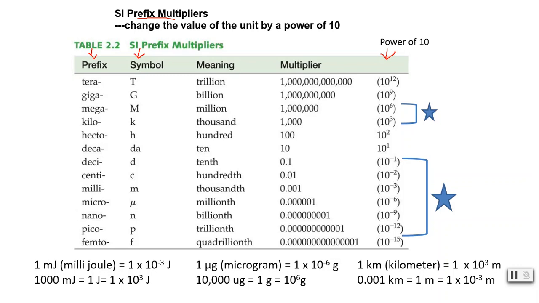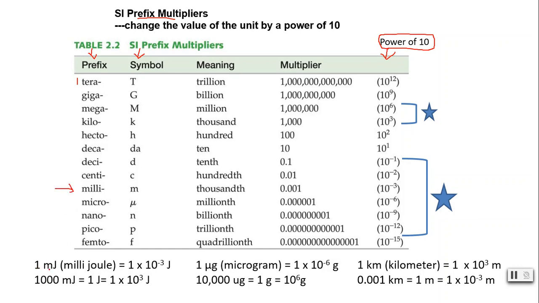Okay? And the way that this table works is that it is set up so that you put this power of 10 on the unit that's in common, and it's in terms of 1 of whatever the prefix is. So, for example, 1 millijoule, J is joule, you'll learn about that in chapter 3, but if I wanted to know how many joules were in 1 millijoule, here's milli right here.